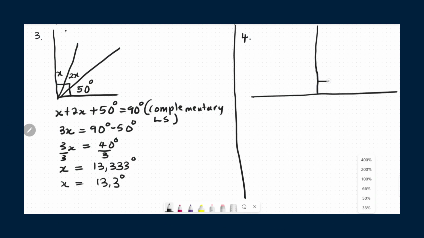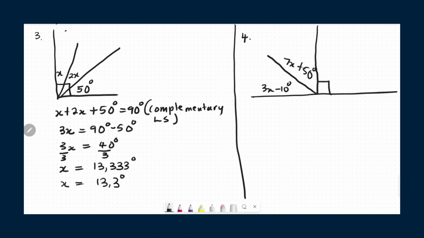Then I'm going to put my angles on this side. This one is going to be 3x minus 10 degrees, then this one is going to be 7x plus 50 degrees. Then calculate x.